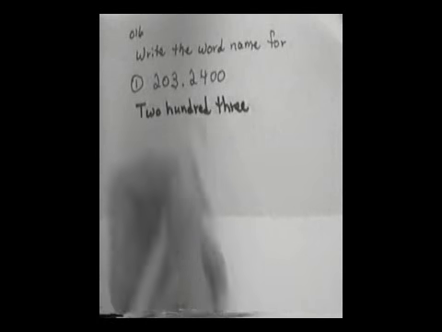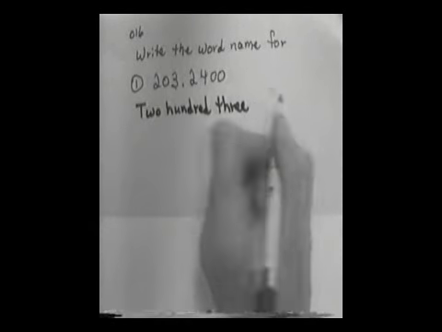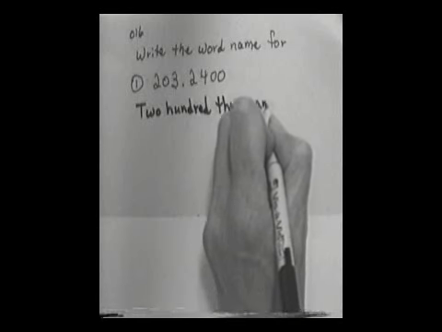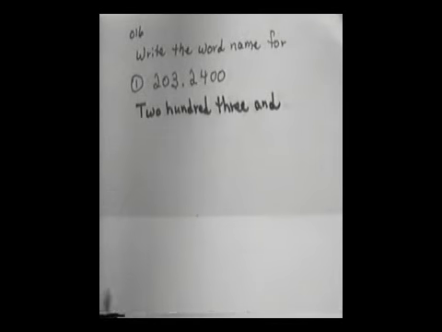And then when we come to the decimal point, we say the word and. So we put and, 203 and then we read the number we see after the decimal. It's 2,400.